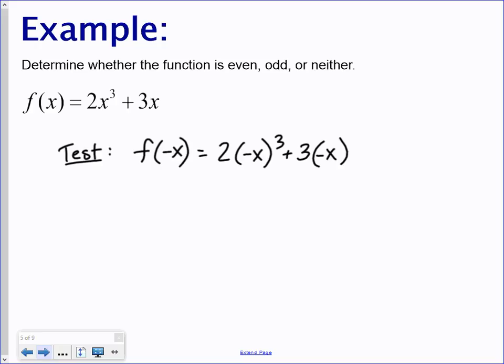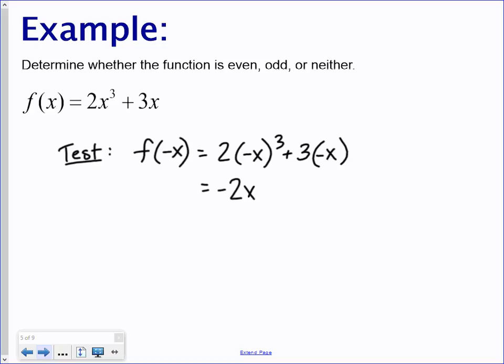Now, right now that doesn't really look like anything. Okay, simplify it a little bit. If you were to take negative x times itself 3 times, so negative x cubed, negative x times negative x times negative x, what would you get? Negative x cubed, right? Because negative x times negative x would be x squared, times a negative would make it negative again.